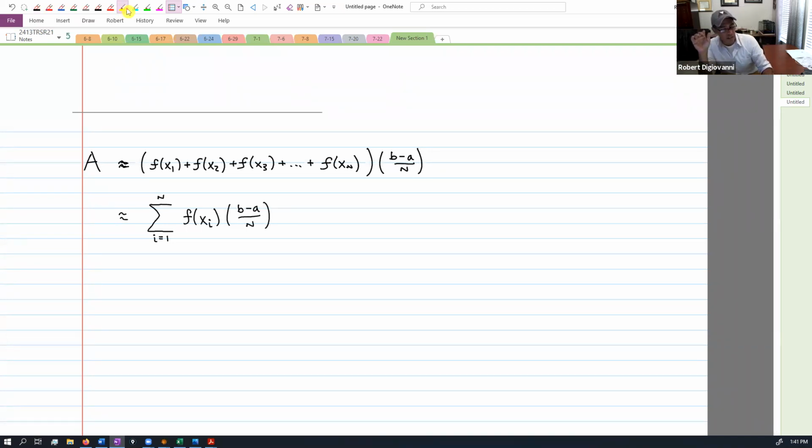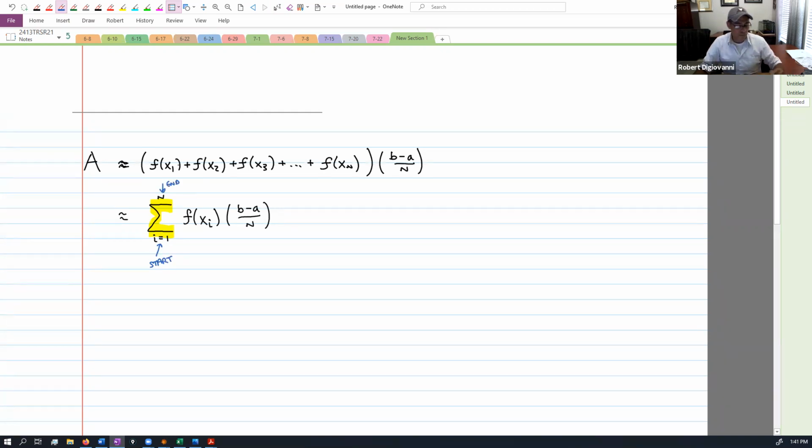If you've ever seen this Greek capital S, sigma, this capital sigma is what we use. It's a shorthand for writing out repeated addition of terms. The way this works is this right here is your starting index, and this right here is your ending index.